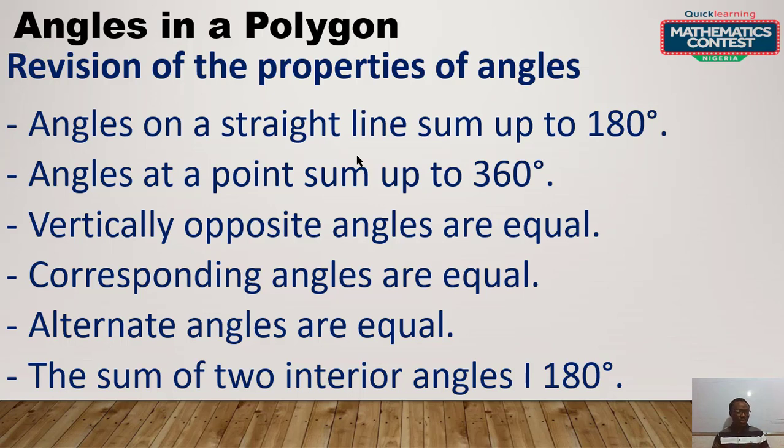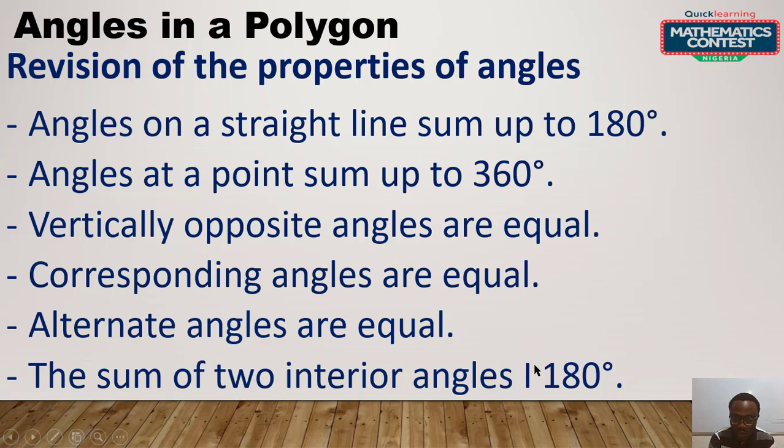Now, how do we actually know the alternate angles? The alternate angles are Z angles. Simple. In other words, if you have a Z shape, the alternate angles there are equal. And the last part, the sum of 2 interior angles sums up to 180 degrees. Sum of interior angles is 180 degrees.